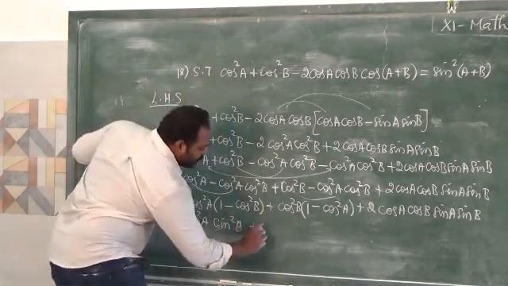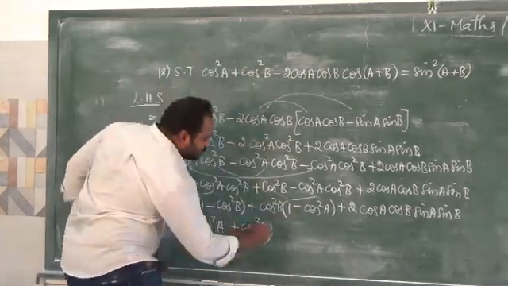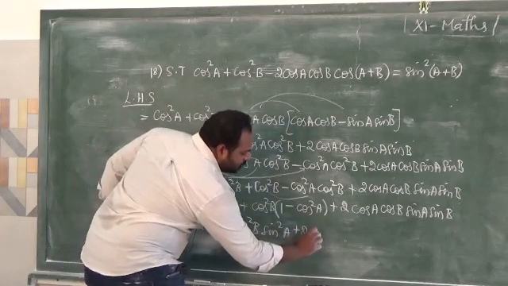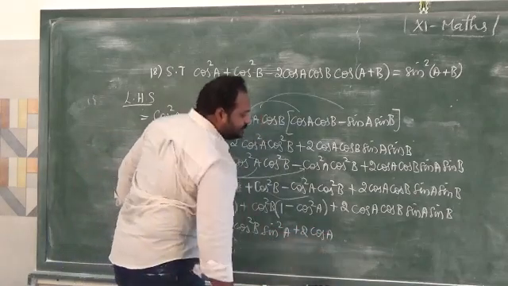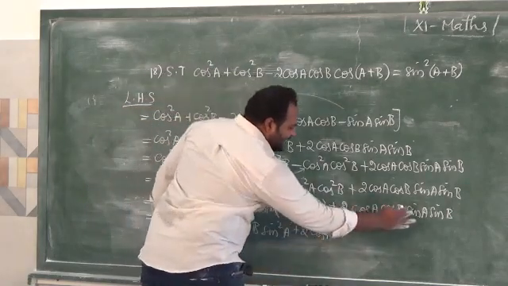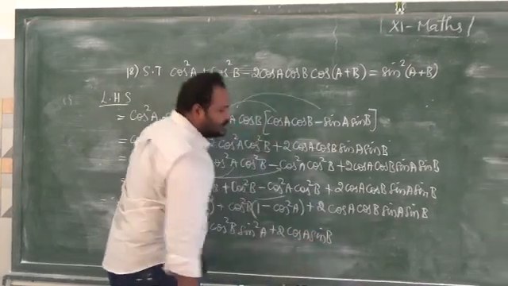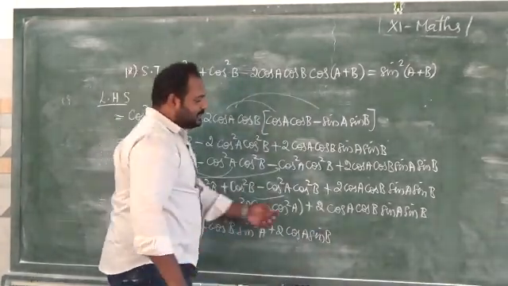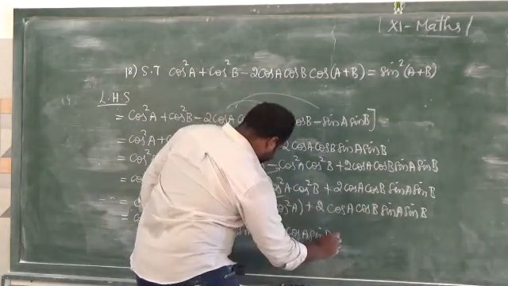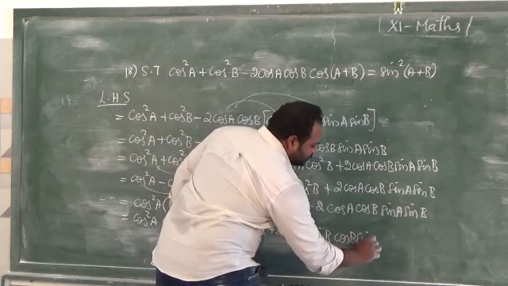Next, 1 − cos²A can be written as sin²A, plus 2 cos A sin B cos B sin A. We just change the places of the terms; multiplication has no problem, because the answer is the same, so cos A sin B first, then cos B sin A.